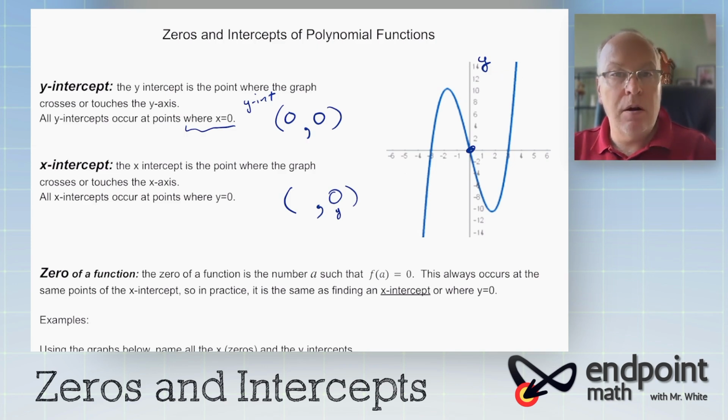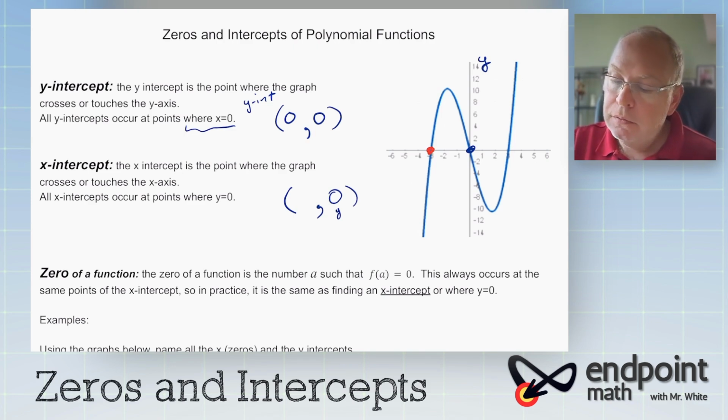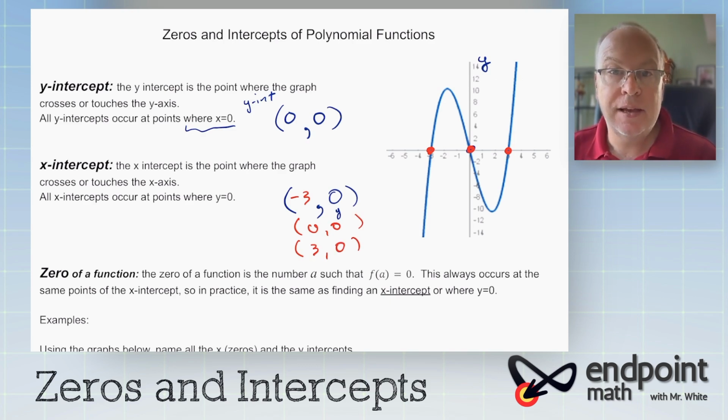So where are the x-intercepts? I see one here, one here, and one here. The x-intercepts are at -3, 0, at 0, 0, and also 3, 0. So it looks like there are 3 x-intercepts. Now wait for it.